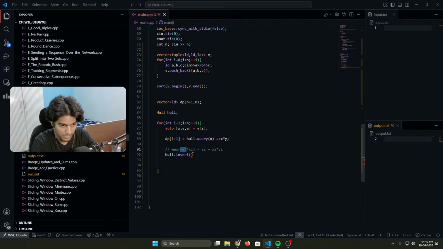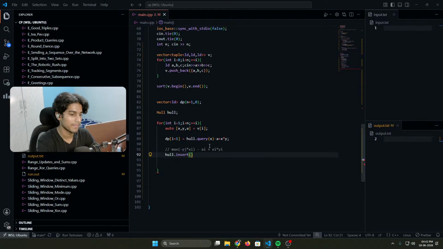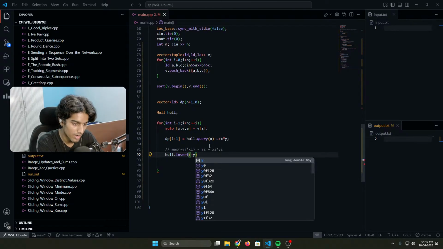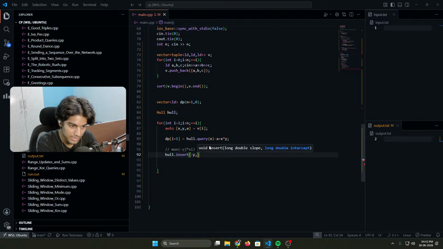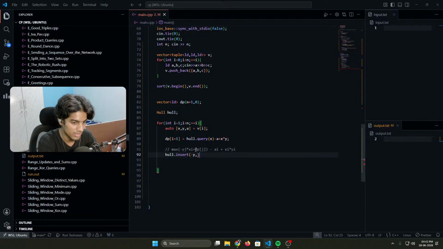So this is a slope. Okay, makes sense. So slope is negative of y of j. What am I doing? The slope is negative of y. Intercept is dp. Okay, this is also required.